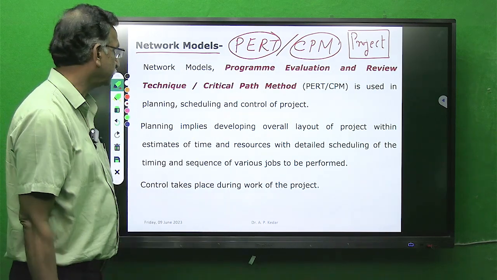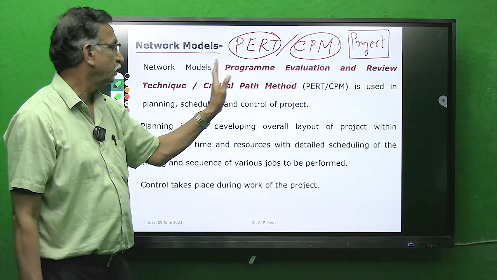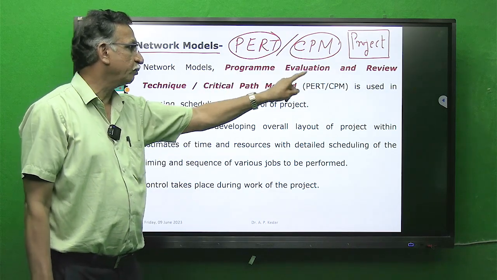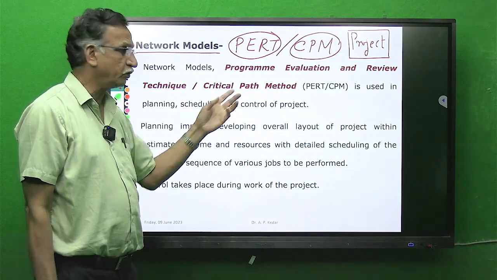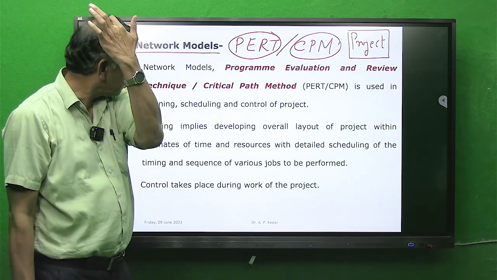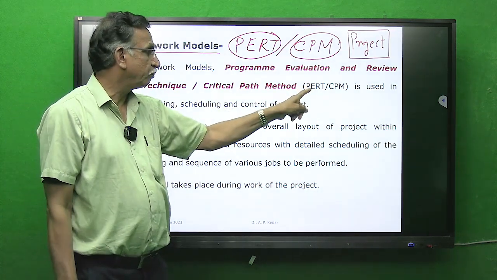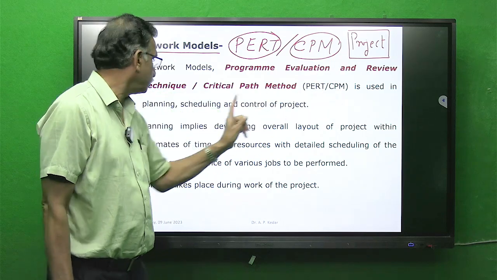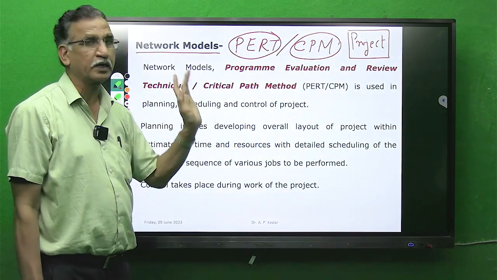So let's see what is written: network models, which comprise of Program Evaluation and Review Technique, I have written this in brown color, and Critical Path Method, abbreviated as PERT and CPM, are used in planning, scheduling and control of the project.